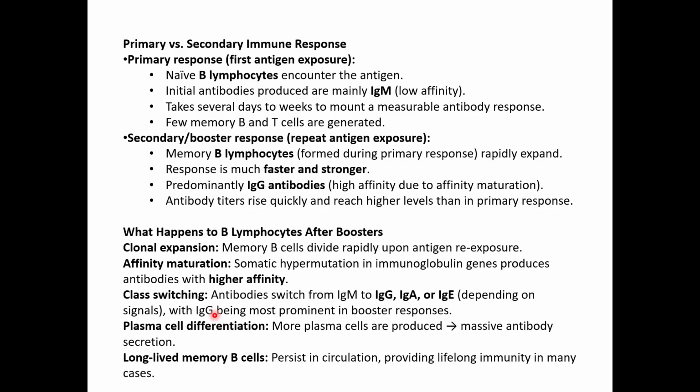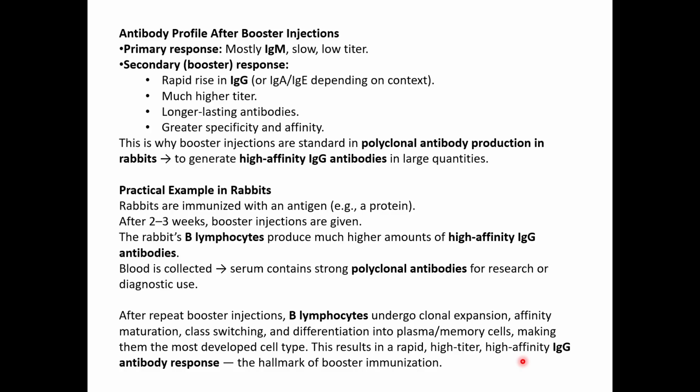And with IgG being more prominent in the booster doses, it has higher affinity, and plasma cell differentiation occurs. More plasma cells are produced, massive antibody secretion occurs, and long-lived memory B cells persist in the circulation, providing lifelong immunity in most of the cases.